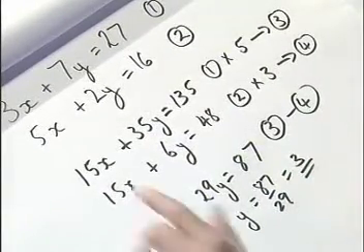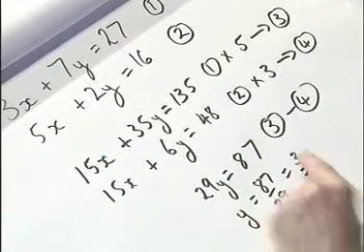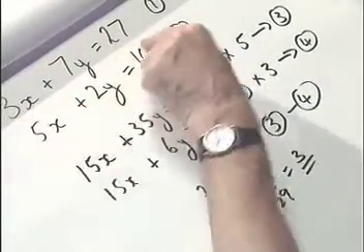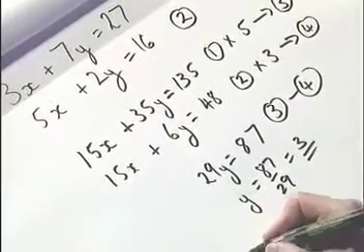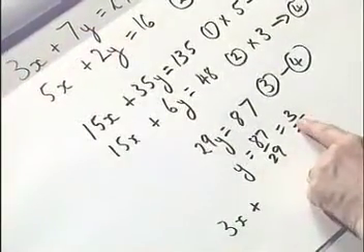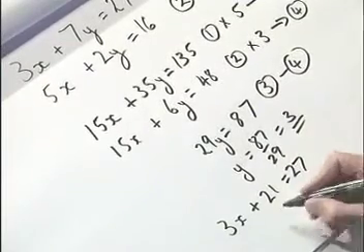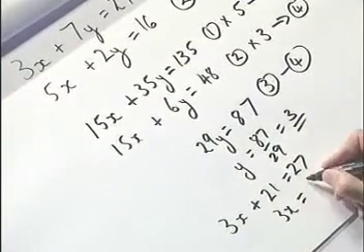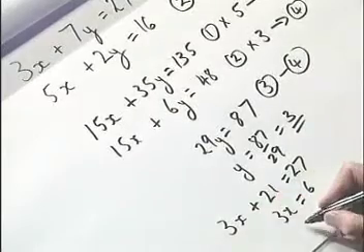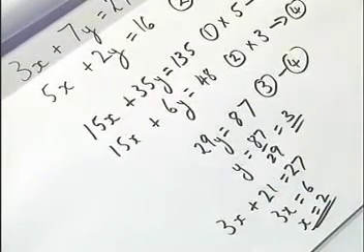Having got that, I need to know the value of x, so I can take y equals 3 and substitute it back, let's say, into equation 1. So I have 3x plus 7 times y, 7 3s are 21, is equal to 27. And so 3x is 6, taking 21 away from each side, and x is 2.